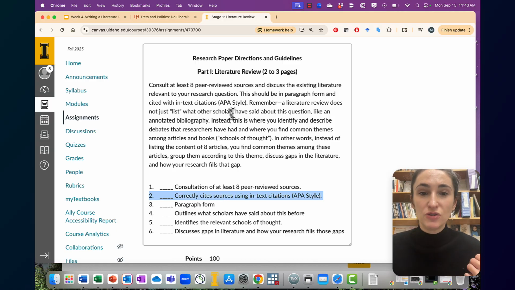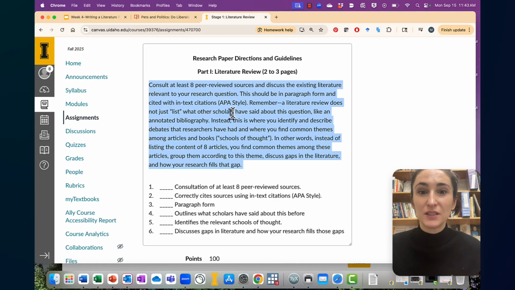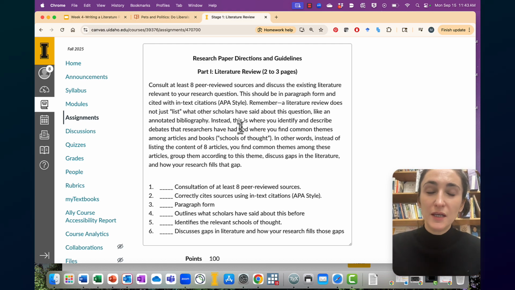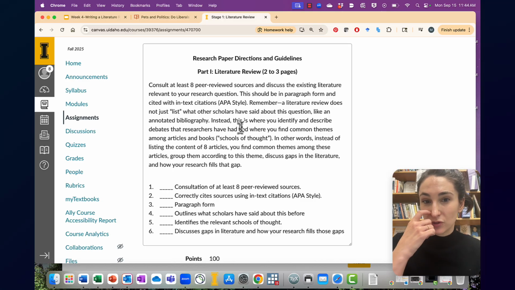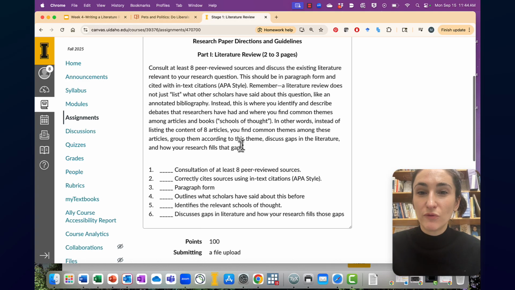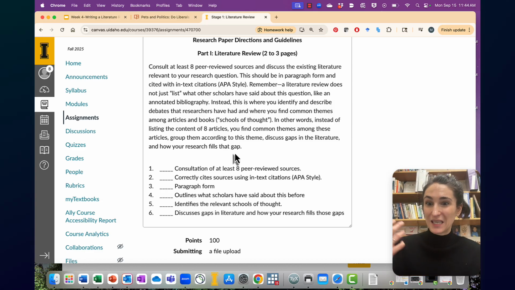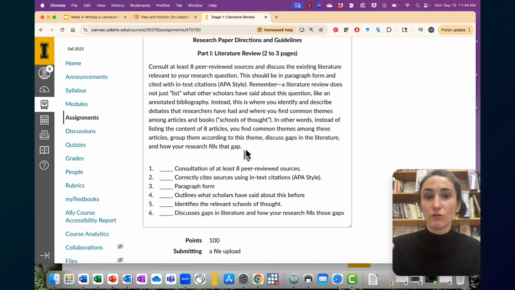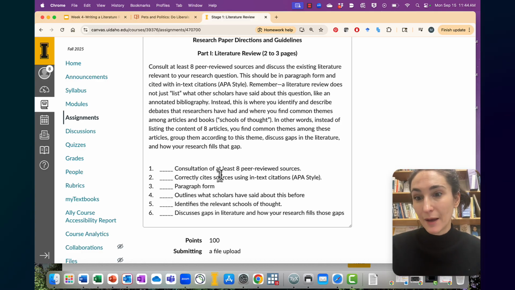And this literature review doesn't just list what other scholars have said about this question, like an annotated bibliography. Remember when we talked about that last week? Instead, you are going to identify and describe debates that researchers have had and where you find common themes, right? Those camps or schools of thought. In other words, you're going to find common themes among these articles and group them according to that theme, and then discuss the gaps and how your research might fill that gap, okay?